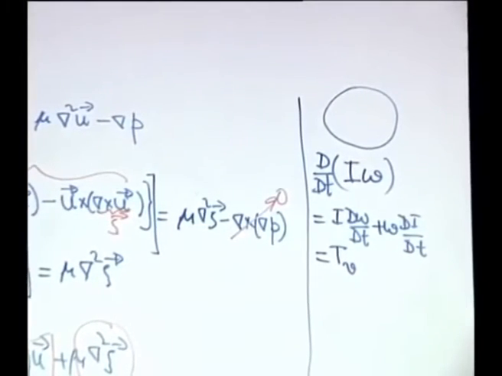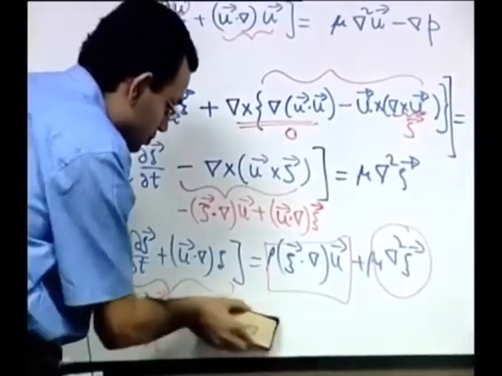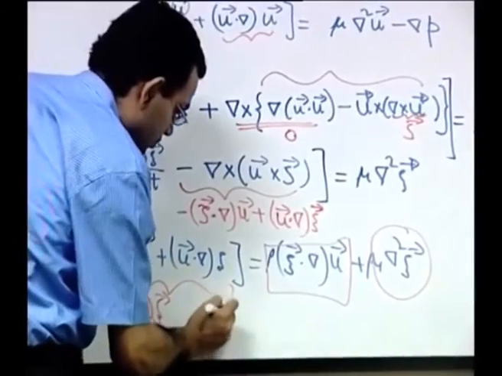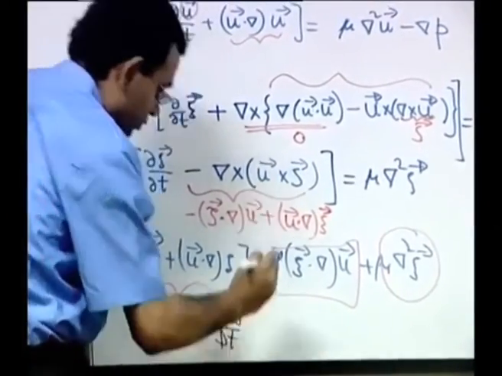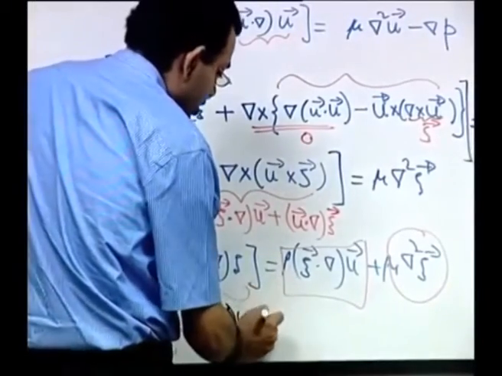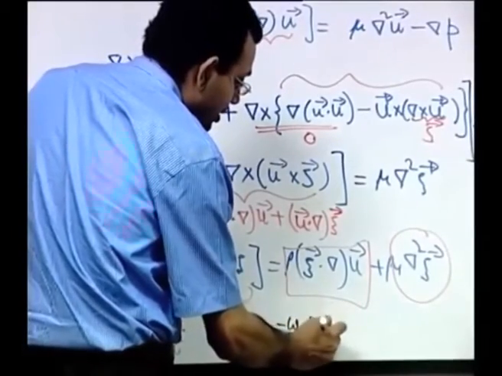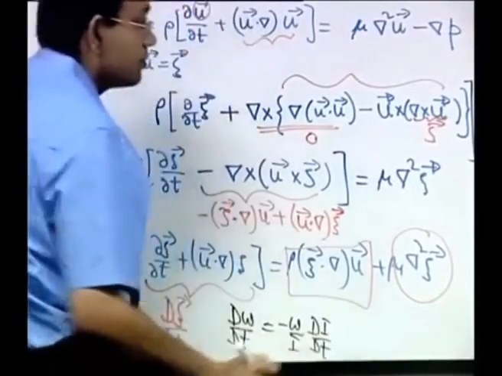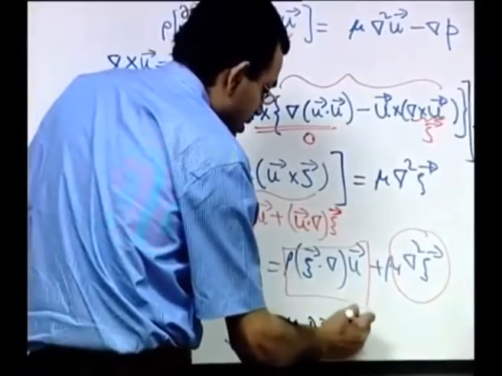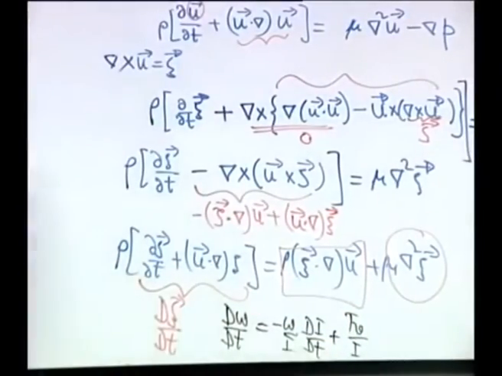So d omega dt is equal to minus omega by I dI dt plus Tv by I, right.